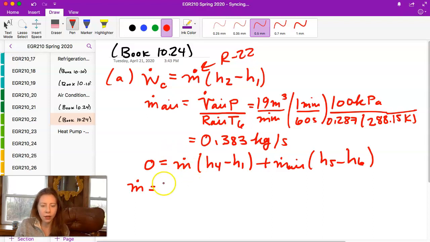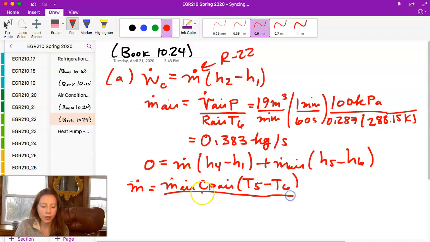So m dot for R22 is going to equal m dot air, and we can use CP for air because the temperatures are close together. So at maybe like 20 degrees C would work, of T5 minus T6 divided by H1 minus H4. And so we end up ultimately with a CP air of 1.005, and our delta T is 7 Kelvin.